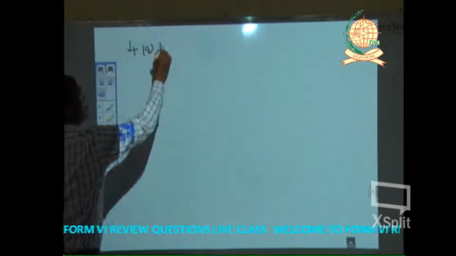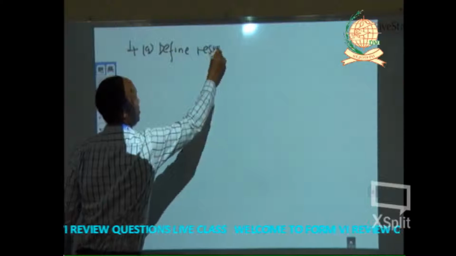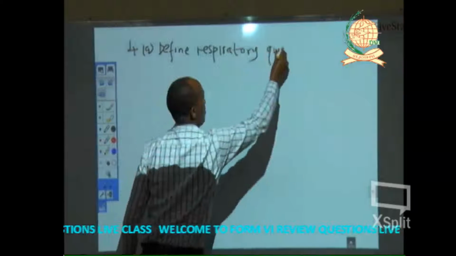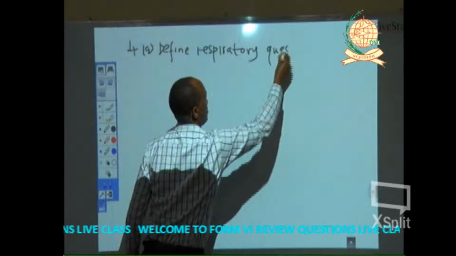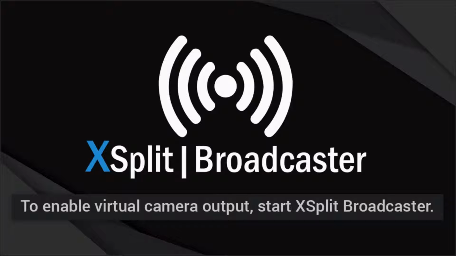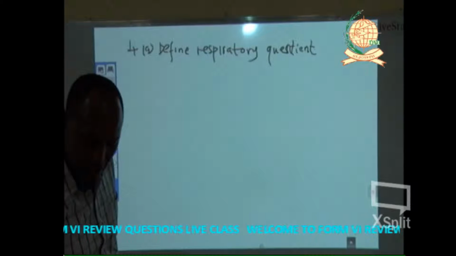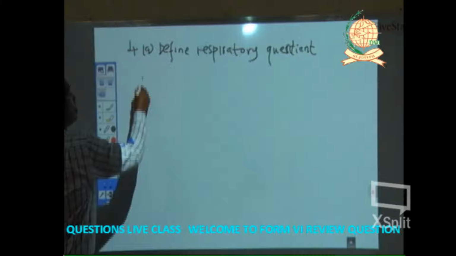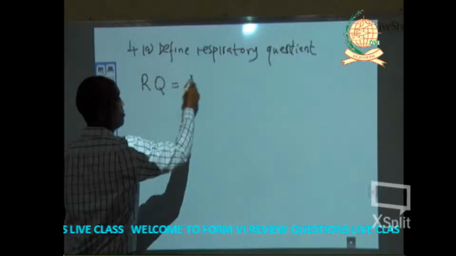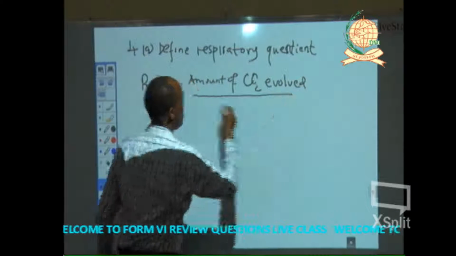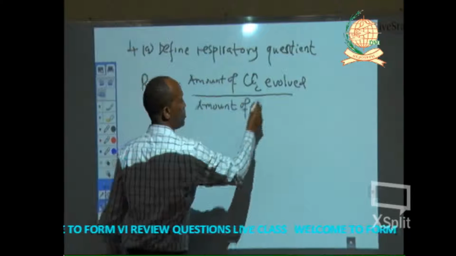For A, to define respiratory quotient, the respiratory quotient here can be defined as the amount of carbon dioxide evolved divided by the amount of oxygen used.